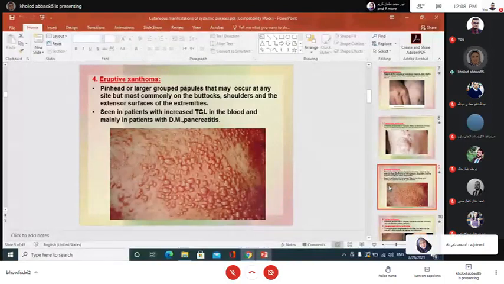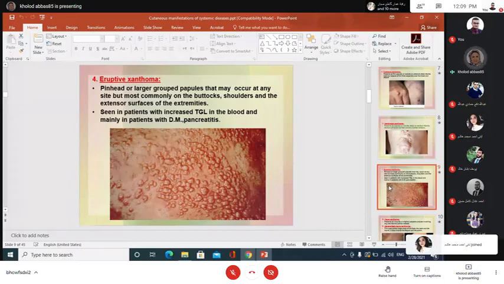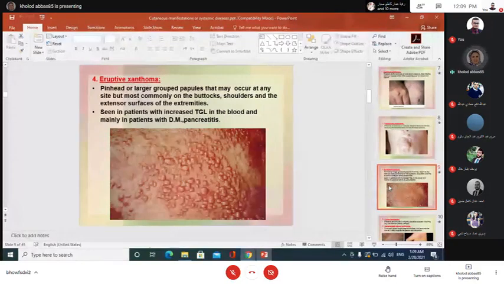Usually this type, eruptive xanthoma, is associated with diabetes and pancreatitis. Okay, it is associated with increased triglyceride level. In contrast, with xanthelasma, we said that most cases have a normal lipid profile except in only 20% of cases.